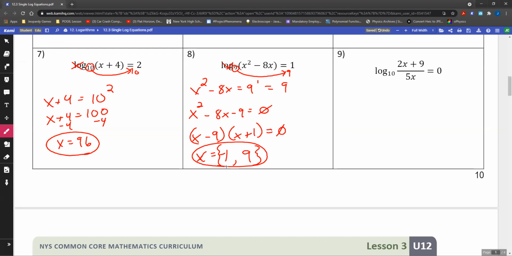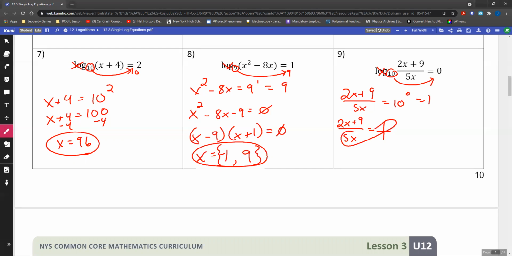Over here, take the 10, move it over, drop the log. I get 2x plus 9 over 5x equals 10 to the 0, which is equal to 1. So the way I'm going to do this, put the 1 as a fraction, so it should be over 1.